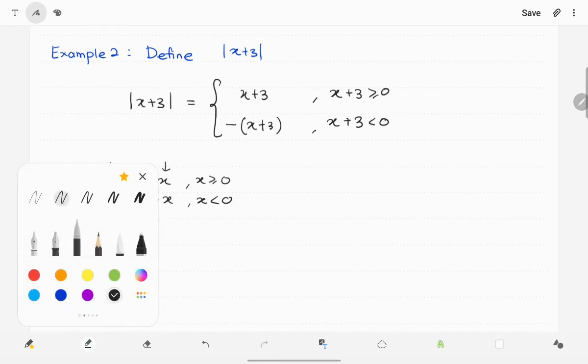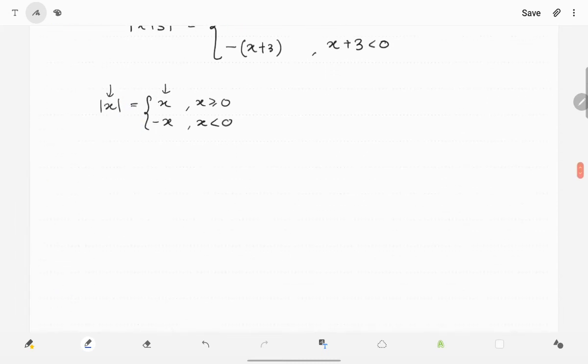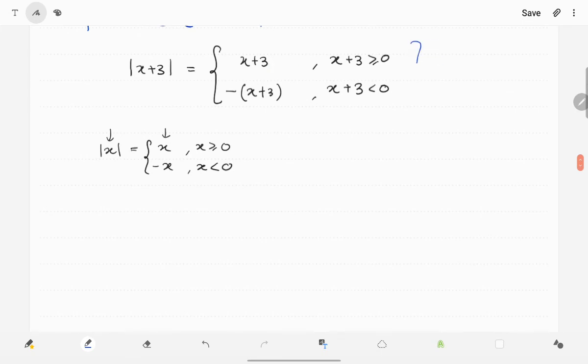Okay, have we completed the piecewise function? Not yet. You need to simplify this. So modulus x plus 3 equals curly bracket, x plus 3, x greater than or equal to negative 3.